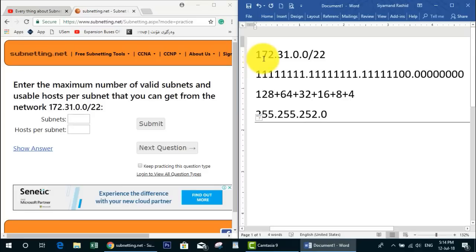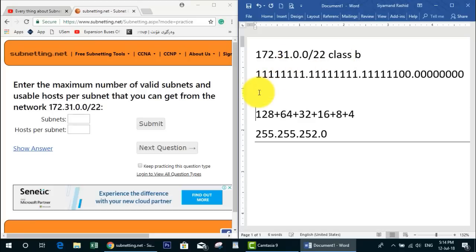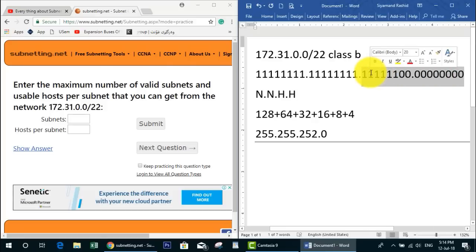Because we have 172, we have class B, and in class B we have two network octets and two host octets. So all our work will be on this portion.